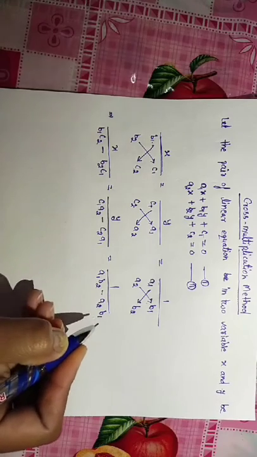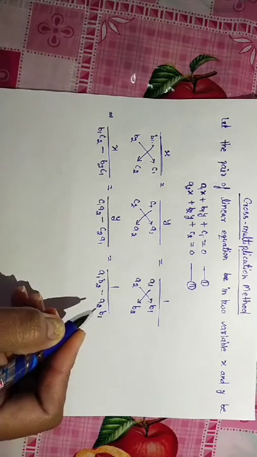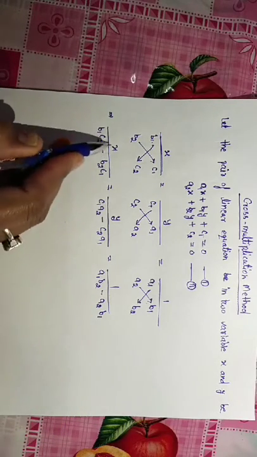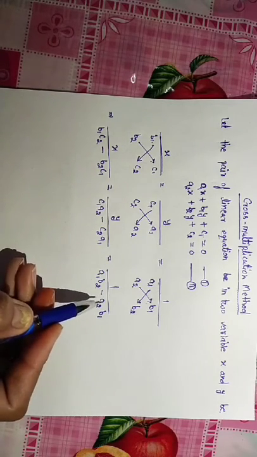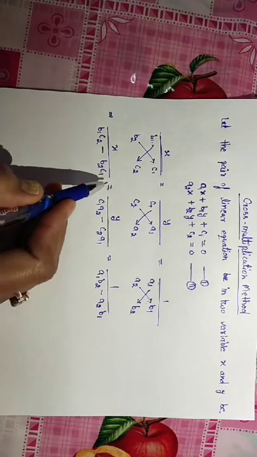Clearly we saw that x upon this term is equal to y upon this term is equal to 1 upon this term.